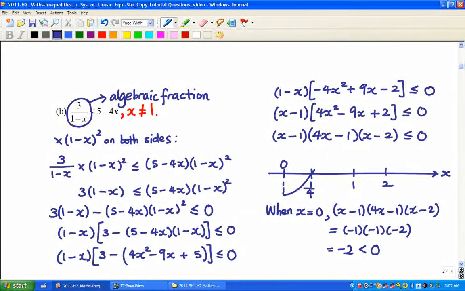Now take note that since the linear factor corresponding to the root x equals to 1 quarter is a linear factor, in other words having a power of 1, the graph of y equals to x minus 1 times 4x minus 1 times x minus 2 would be cutting the x-axis at the root of x equals 1 quarter.